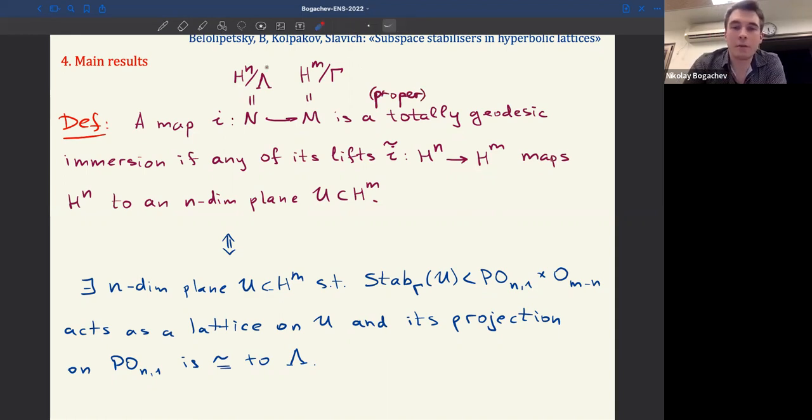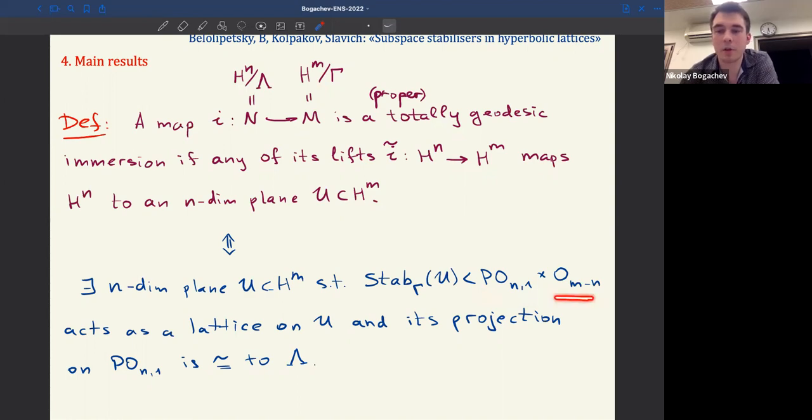So any of its lifts to H^n maps to H^m, and it will map this plane H^n to an n-dimensional plane in the bigger hyperbolic space. So it's equivalent to the fact that there exists an n-dimensional plane such that the stabilizer of this plane in the lattice gamma is a subgroup of this product PO(n,1) times a compact factor.